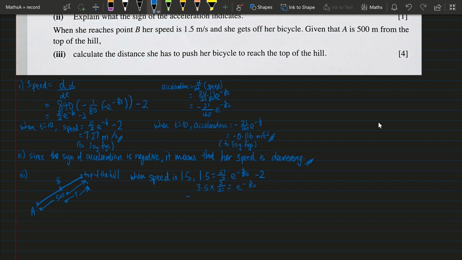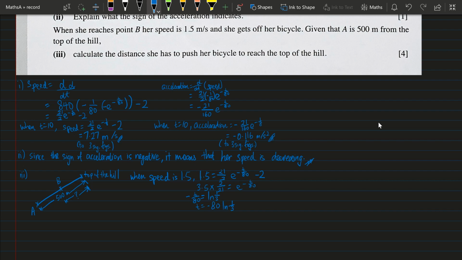Then negative t over 80, we're going to take ln on both sides, equals, let's see, what do we have? 1/3, I think. Negative t over 80 equals ln of 1/3. Okay? So t will be equal to negative 80 ln 1/3.